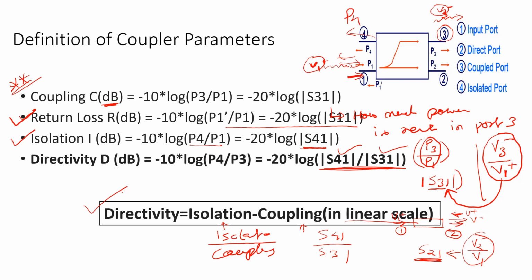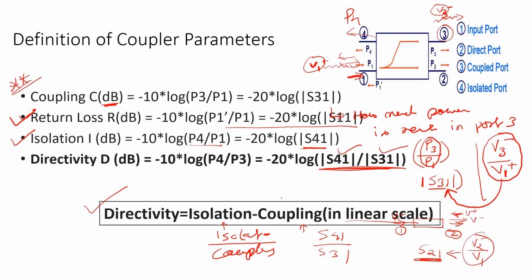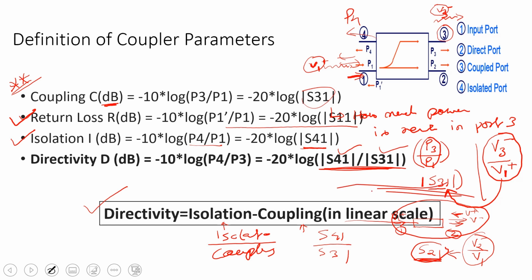In our next slide, actually I took this slide to clear your confusion about S parameter, but I have dealt with it here only, like I was explaining to you how S21 was coming and how S31 is coming.